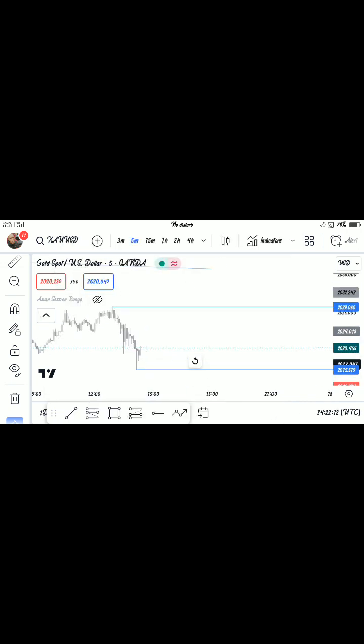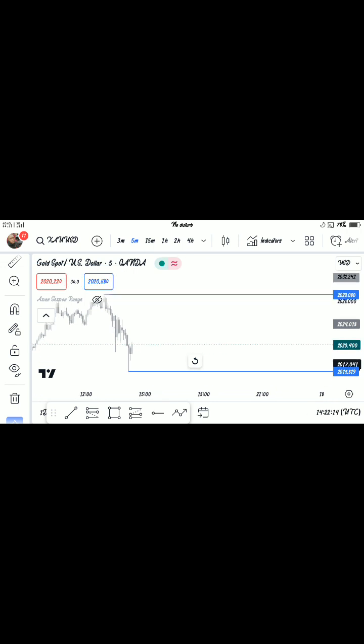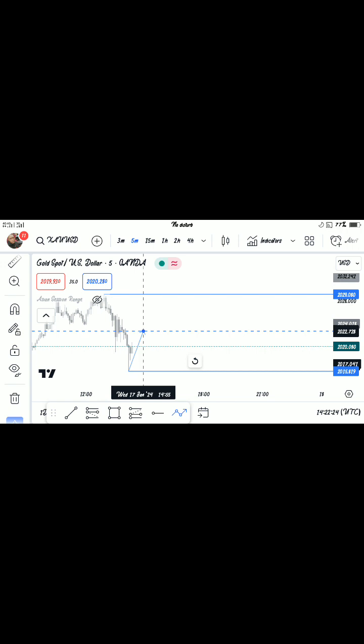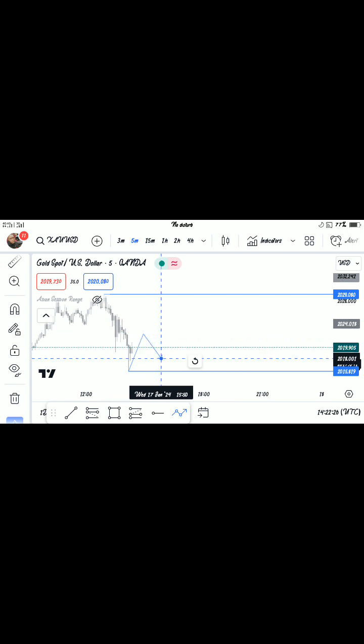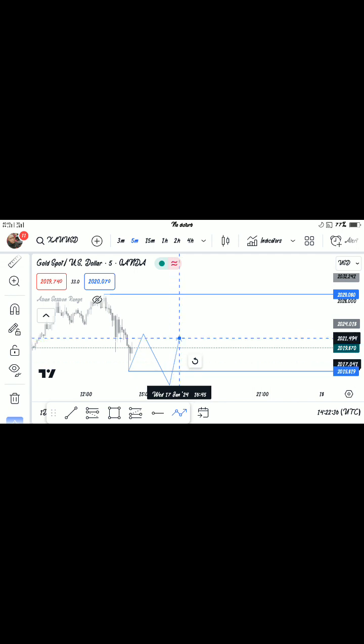Listen, since this is my supply and demand, or my resistance and my support, this is my support. I wait for the market to come back and give me something like this. When the market gives me something like this, first of all, there's a break of structure here, right? This is a clear break of structure.